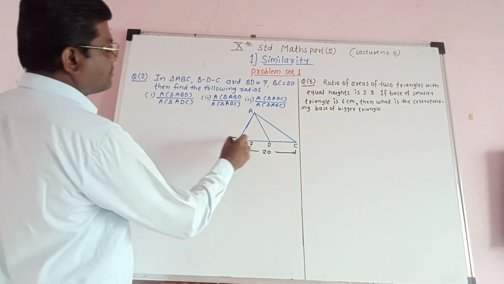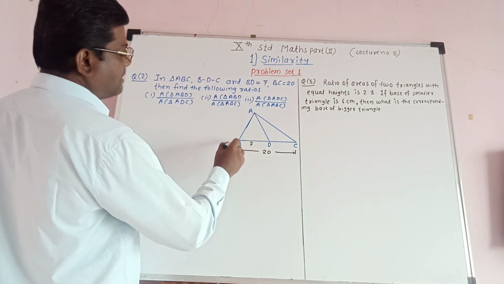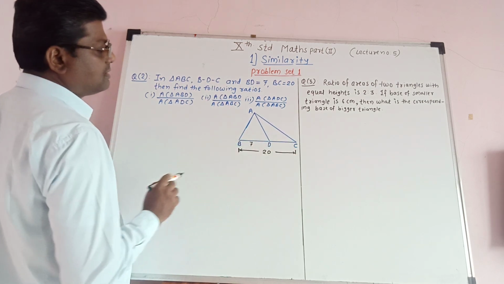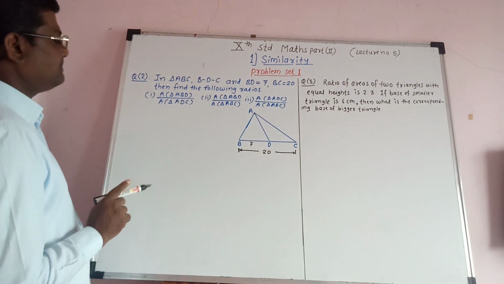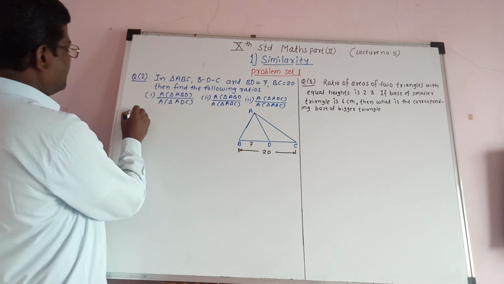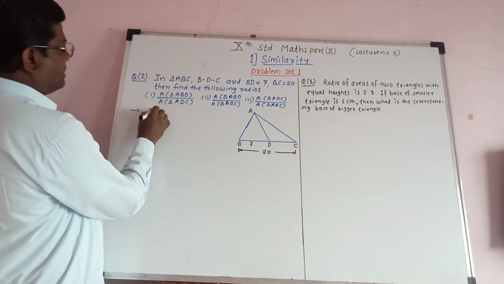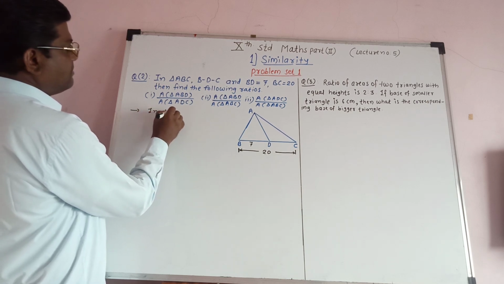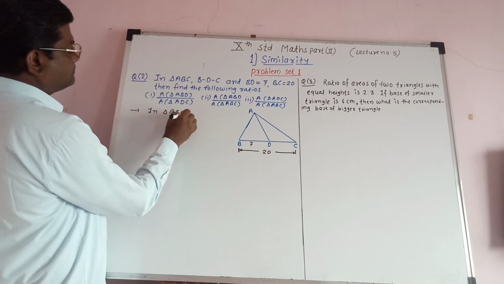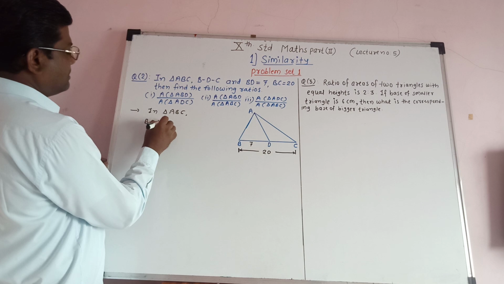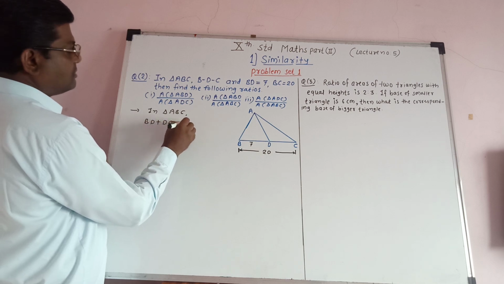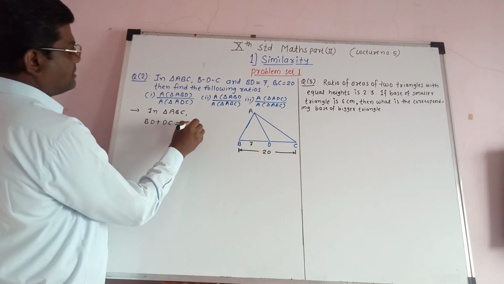Now, BD is equal to 7 and BC is equal to 20. Therefore, we can find DC. So, we write in triangle ABC, BD plus DC is equal to BC.